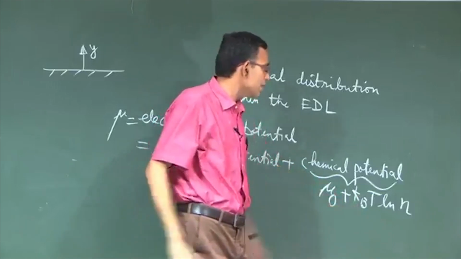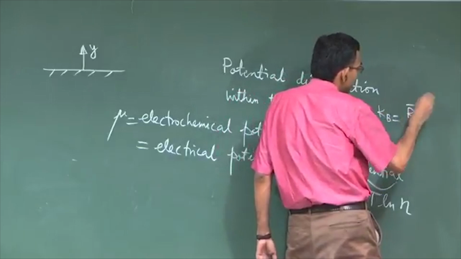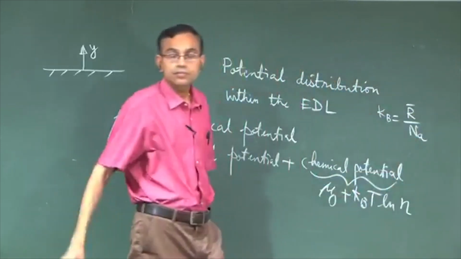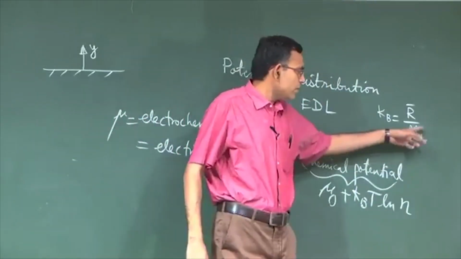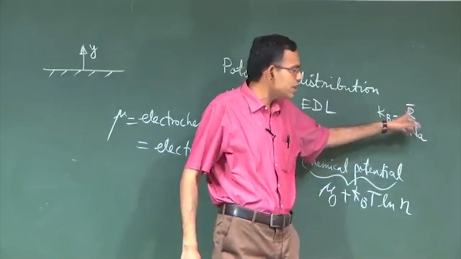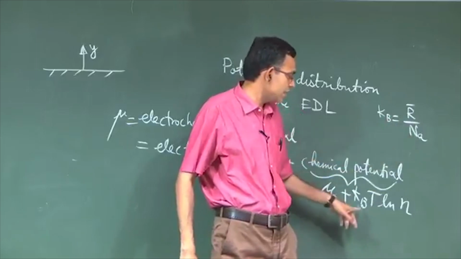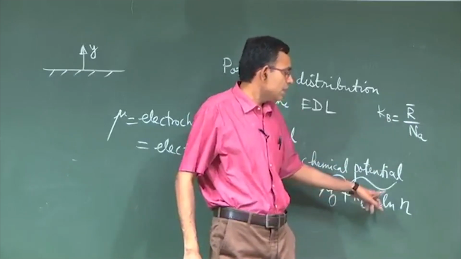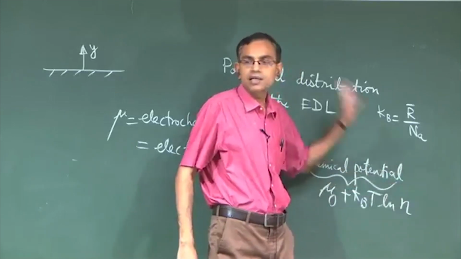So, Kb is R, with a bar at the top, the universal constant, divided by the Avogadro number. That means if Avogadro number of species are referred to this particular constant, then for each entity, what is that corresponding constant. So, Kb into T into ln of n, where n is the number density or concentration.